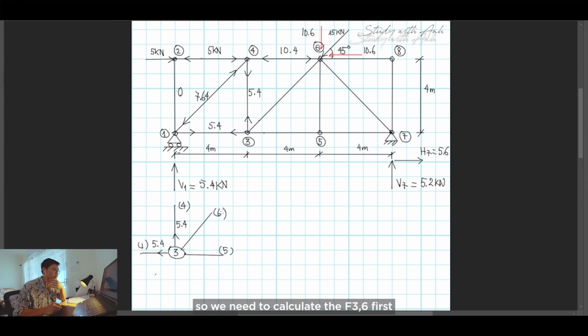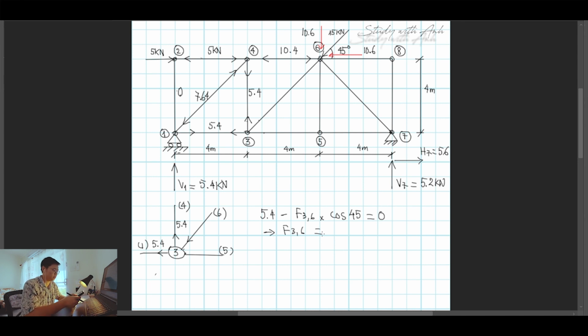We need to calculate 3,6 first. I will assume F36 is under compression. So 5.4 minus F36 multiplied by the cos of 45 equals 0, right? So we have F36 equal to 7.64 kilonewton.